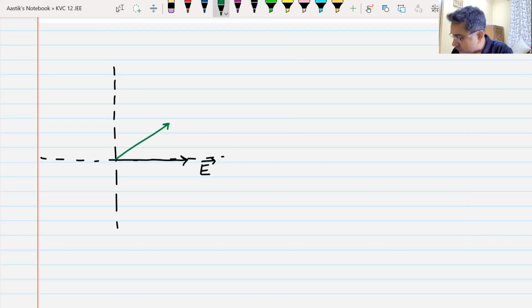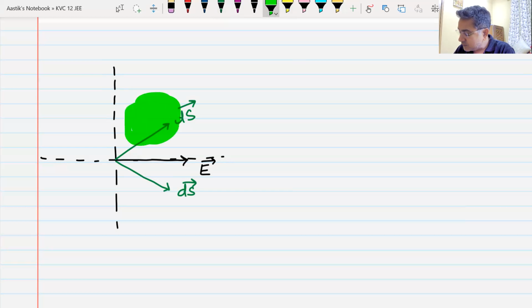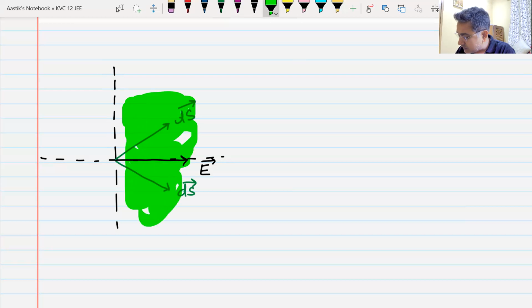Your area vector could be here, dS, or it could be in this zone. If I talk quadrant wise, if your area is in this green quadrant, that means your first and the fourth quadrant, your flux would be positive. Do we understand this? Yes, sir.